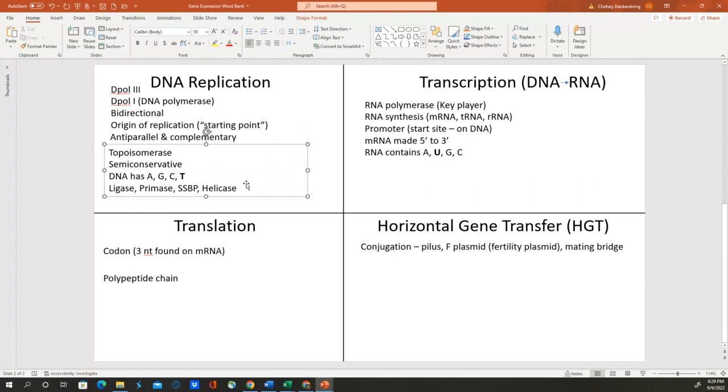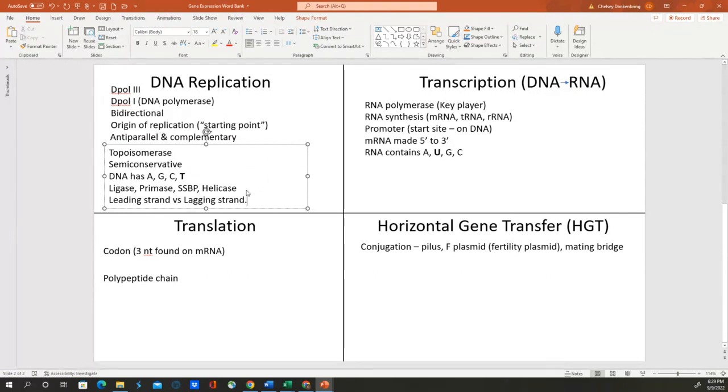All right, then the other thing we talk about in the videos and in class is the leading strand versus the lagging strand. Because DNA polymerase 3 can only add nucleotides to a 3' end, one of the strands, once DNA polymerase 3 starts its job, it just keeps on going. It's made continuously in the direction of the replication fork. Easy peasy.